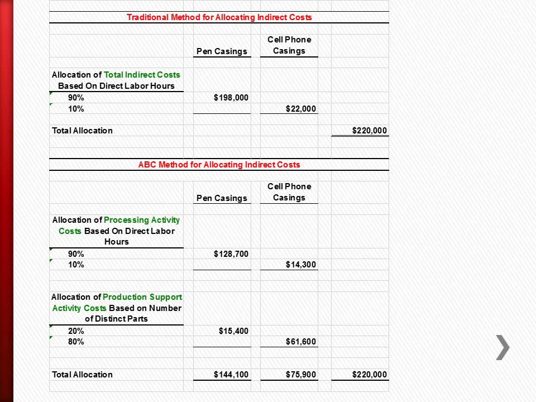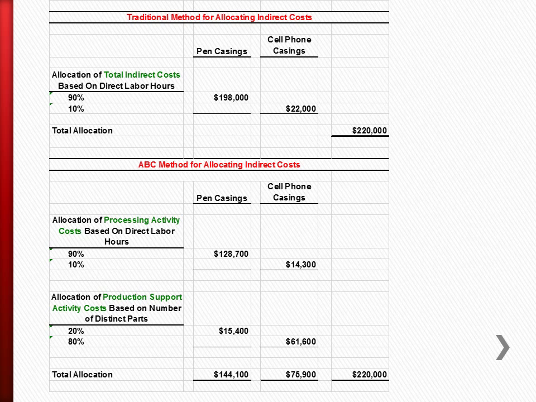Under ABC, we had two separate activity pools. The first one, process activity cost, used the same cost driver we were using, direct labor hours. So 90% of those costs, or $128,700, were assigned to pen casings. Only 10%, or $14,300, assigned to cell phone casings.